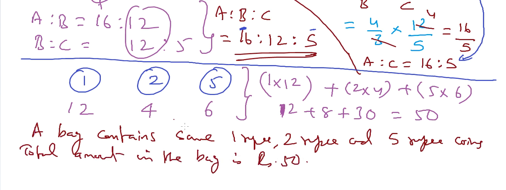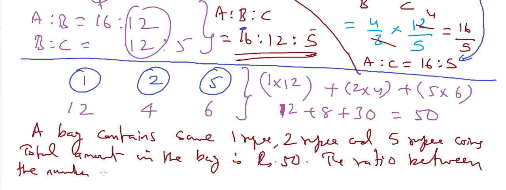and the ratio between the number of these coins is, what is the ratio? 12 is to 4 is to 6, correct? If you simplify, what do we get?